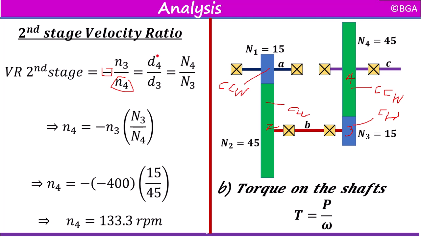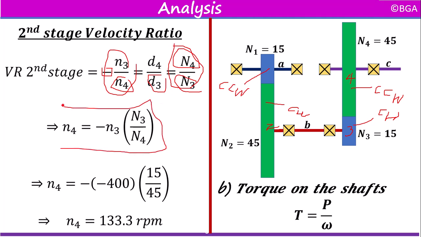The velocity ratio again can be expressed as the ratio of the diameter of the driven gear to the diameter of the driver gear, or in terms of number of teeth, the number of teeth of the driven gear to the number of teeth of the driver gear. So I prefer to again make a relation between the speed and number of teeth, and I end up with this expression.